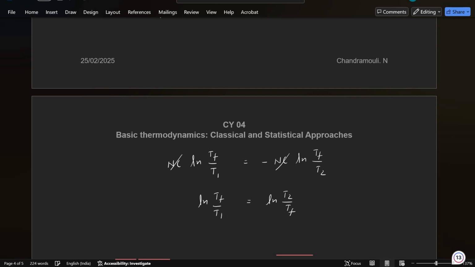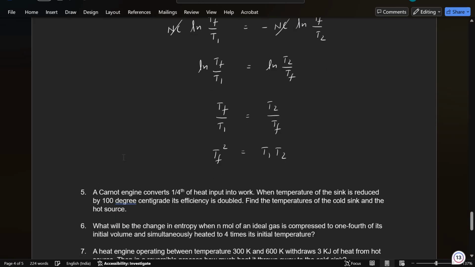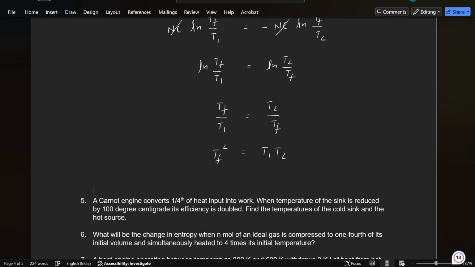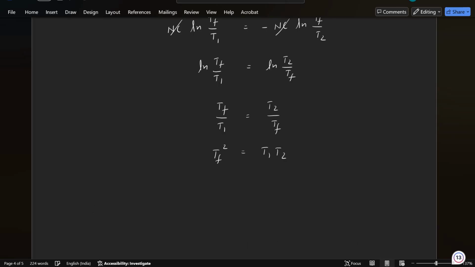Take exponential on both sides. So this is basically going to tell us that Tf by T1 is equal to T2 by Tf. So Tf squared is equal to T1 T2. So finally the Tf value is going to be equal to the root of T1 into T2. So this is the answer that we want.